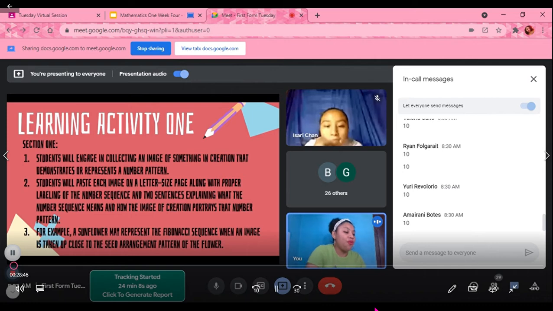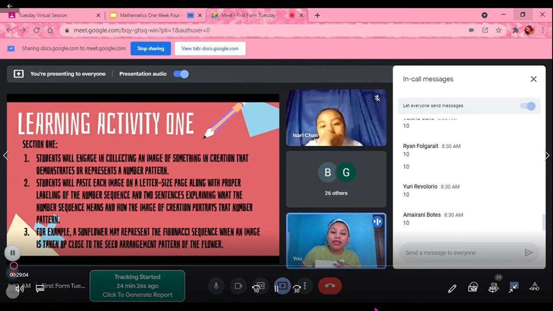You are going to take one typing sheet. You are going to write number patterns at the top. That is going to be your topic. You're going to put your picture or your drawing. If you can't get a picture, you do a drawing. A drawing works perfect.